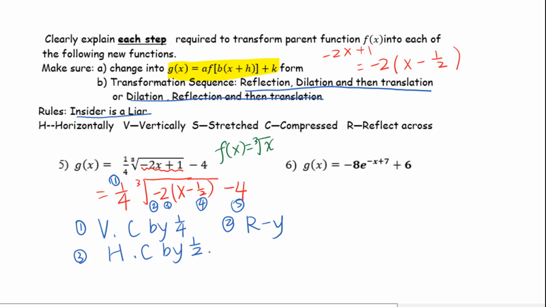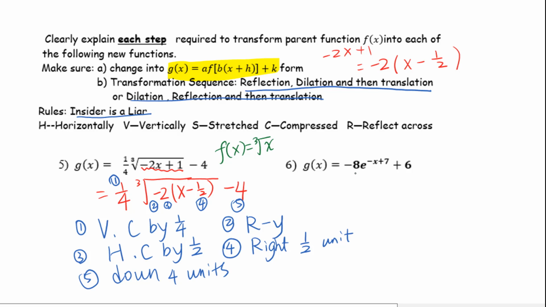Remember, inside is a layer. Fourth step, translate right 1 over 2 unit. For the fifth step, translate down 4 units.